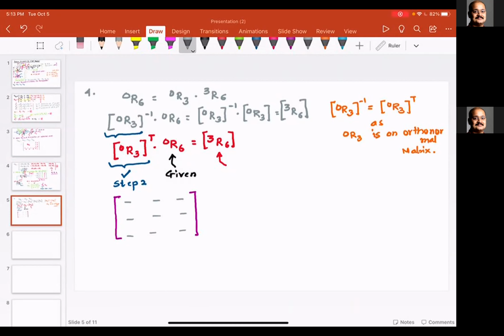So at this point, you're going to have this fully populated matrix. And this fully populated matrix needs to be compared with 3R6.